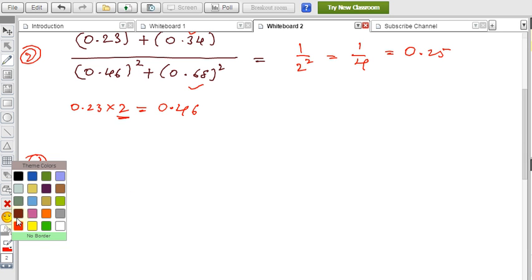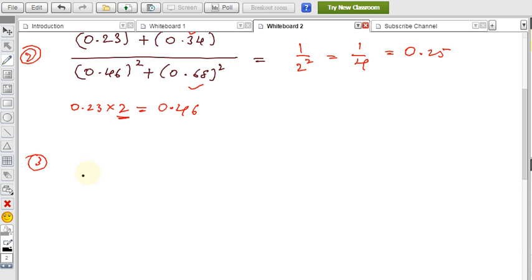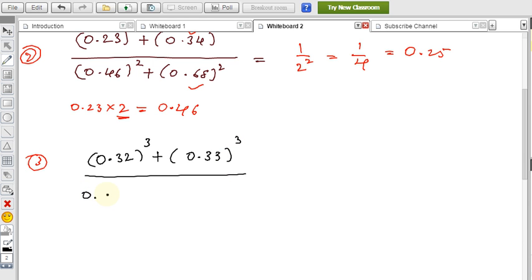Now 0.32 whole cube plus 0.33 whole cube, by 0.064 whole cube plus 0.066 whole cube.